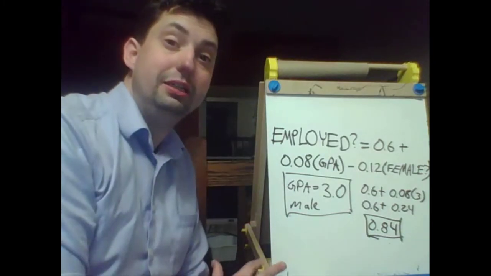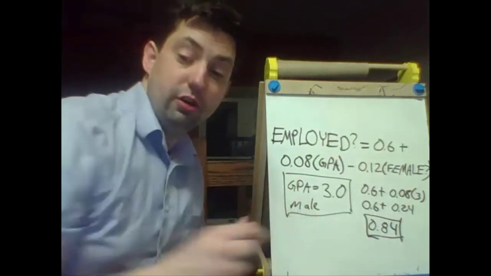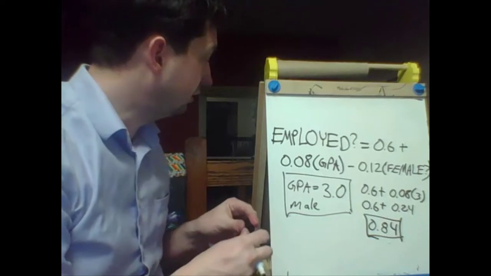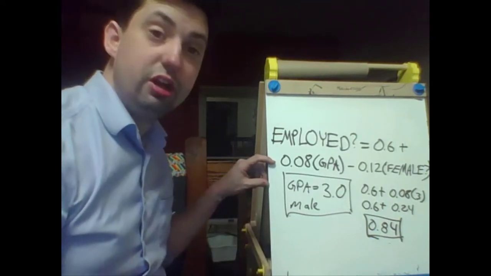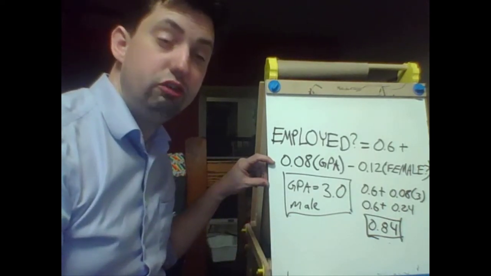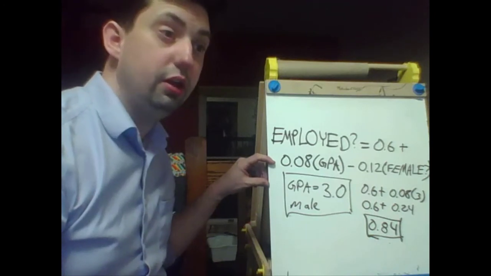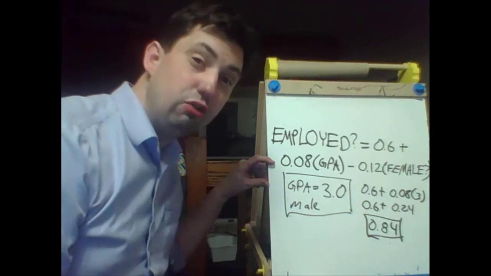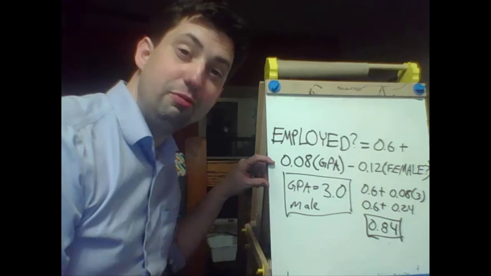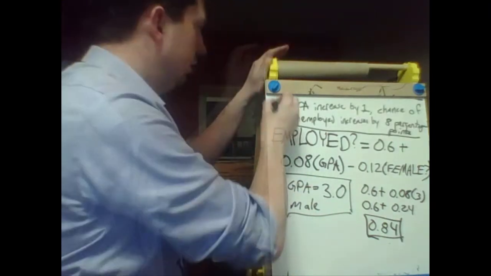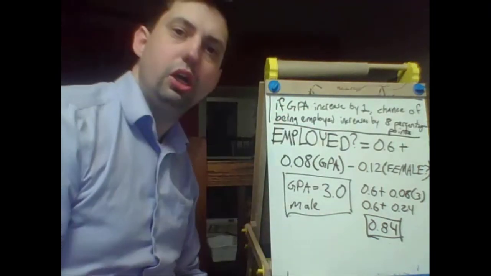That means that when we interpret this coefficient, like GPA, for every additional point in GPA that someone has, their chances of being employed increase by 8 percentage points. That would be our punchline.